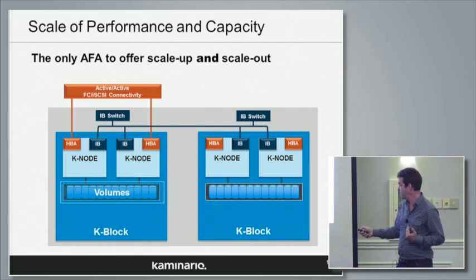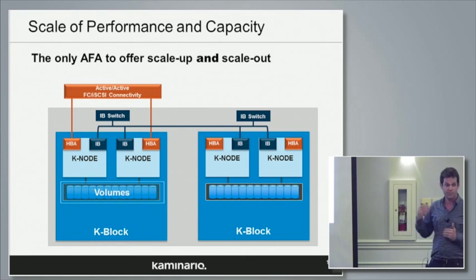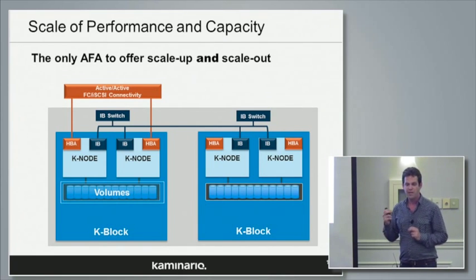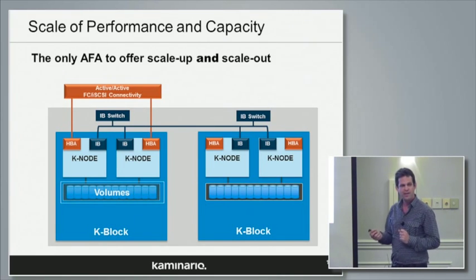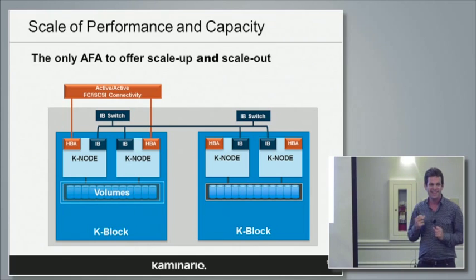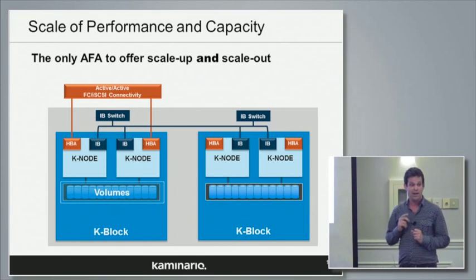And as you see, before expanding the system, the volumes are spread across all SSDs and all nodes on the first K-block. So every volume, the data and the metadata, it's very critical that both the data and the metadata are spread across all the SSDs.